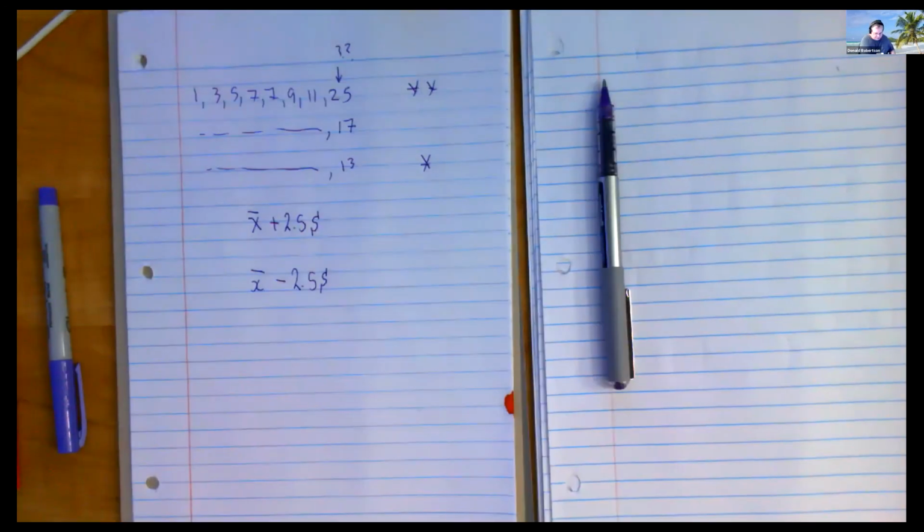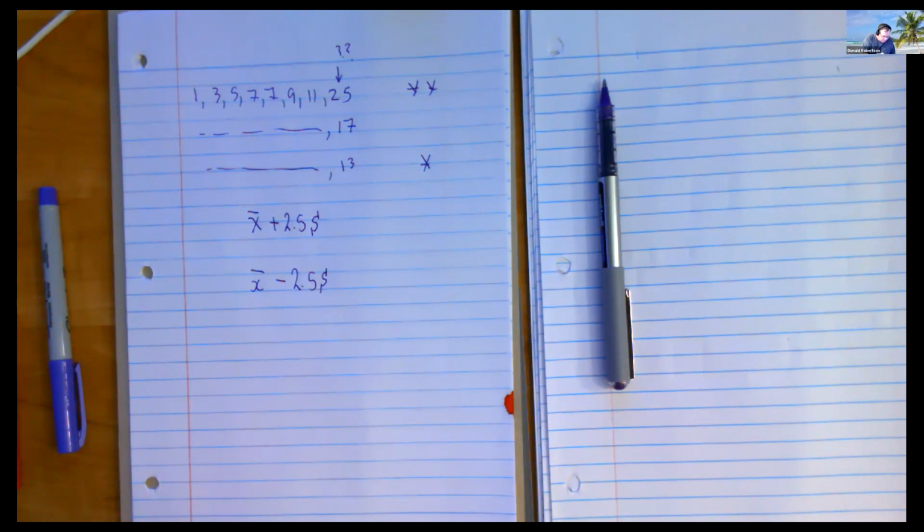So I've got a very short set of data here. I'm just going to do it on my calculator because it's probably quicker. So if you can bear with me for a few minutes, I will do that. 1, 3, 5, 7, 7, 9, 11, and finally 25.